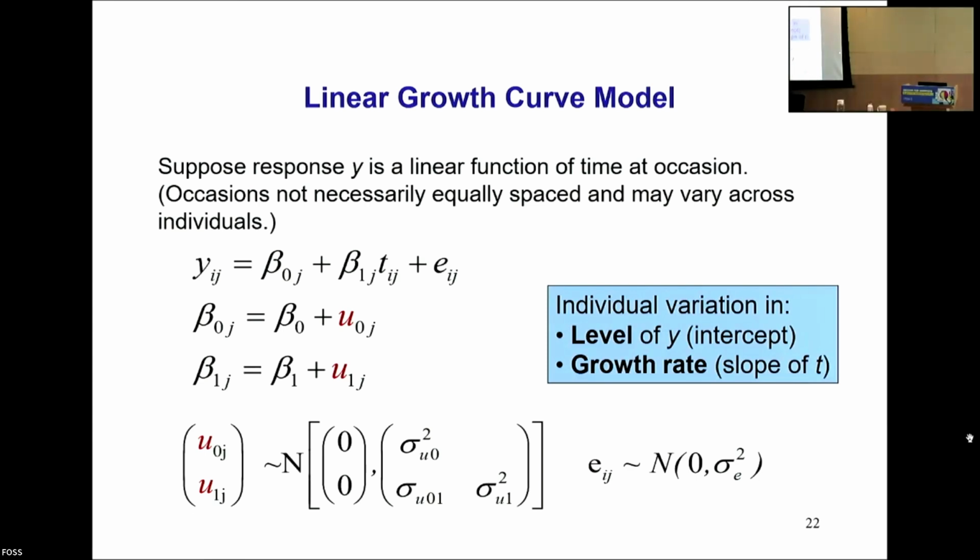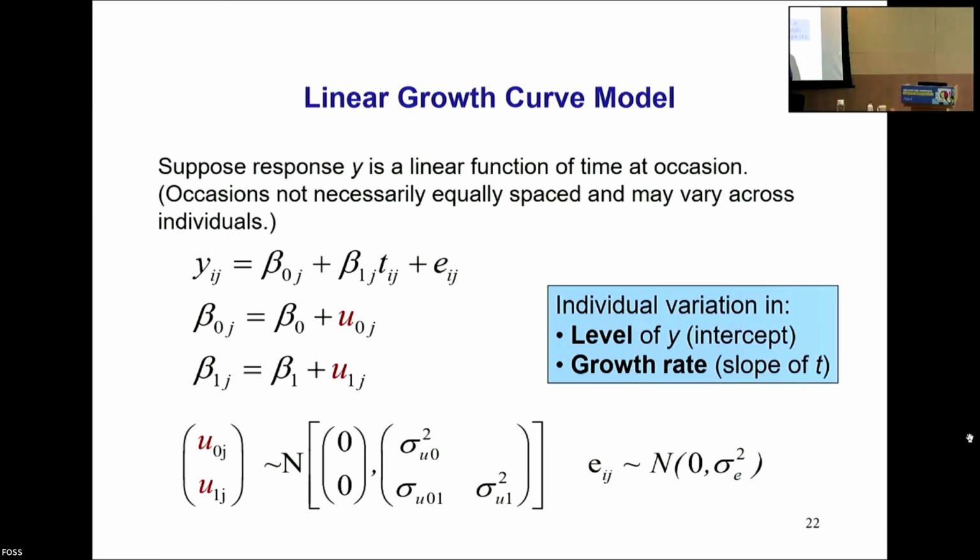In addition, we get these two variances, the intercept variance at the group level and the slope variance at the group level, plus the covariance between the intercept and the slope variance. So that covariance is very important. We need to estimate it because this gives us an idea as to whether the lines are becoming wider as X or T increases, or if they're becoming smaller as X or T increases.